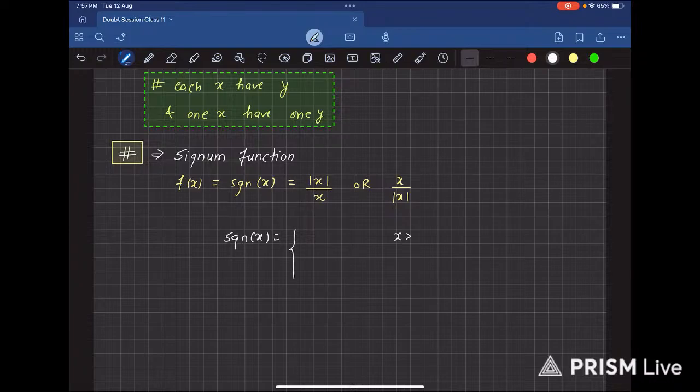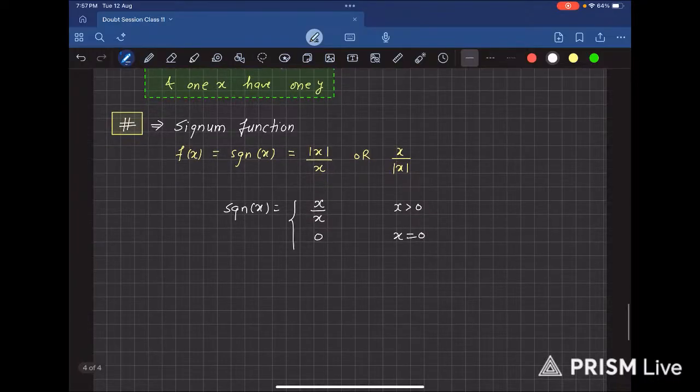If x is positive, mod x will open with positive sign, so x divided by x. If x is equal to 0, then the answer is 0. Here you cannot put x equal to 0, so if x is equal to 0, then you have to keep 0 only.